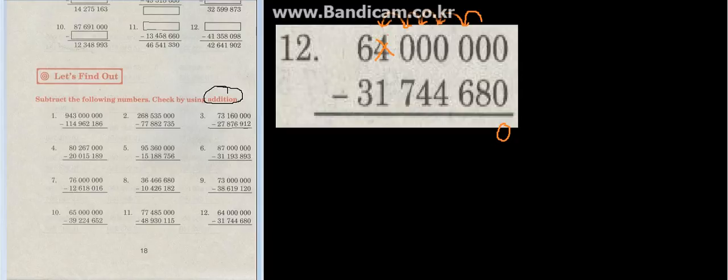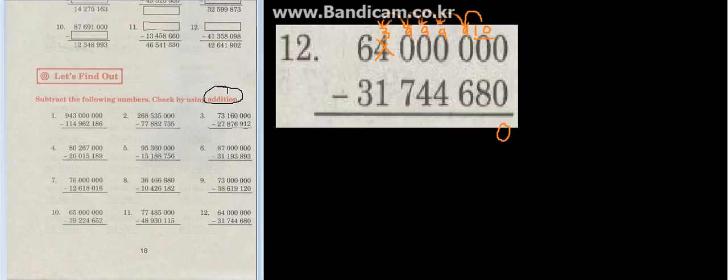So this 4 becomes 3, and the missing one becomes 10, but it should be borrowed once again. So this 10 becomes 9, and the missing one becomes 10, and this repeats again all the way down here.